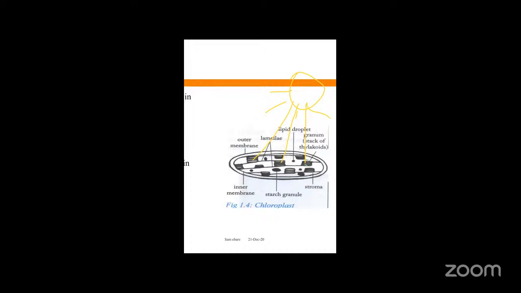However, the process of photosynthesis takes place in two stages, as we are going to see. In the first stage, sunlight is used, and it takes place in the granum. So kindly note that in the granum, the photosynthesis stage that requires sunlight takes place.